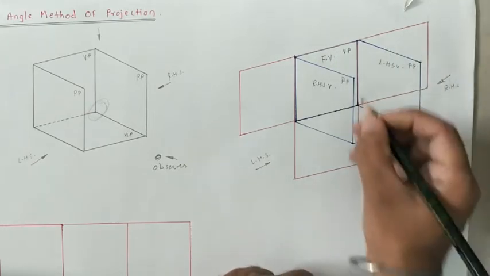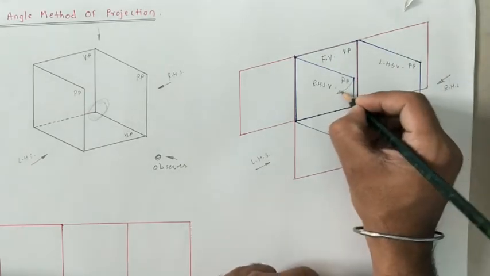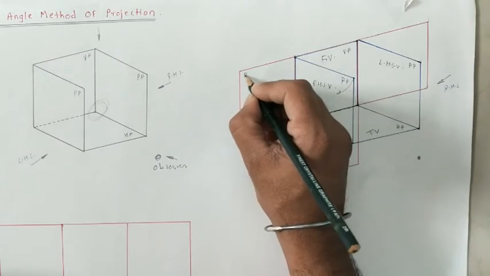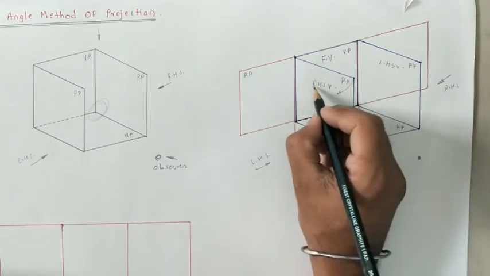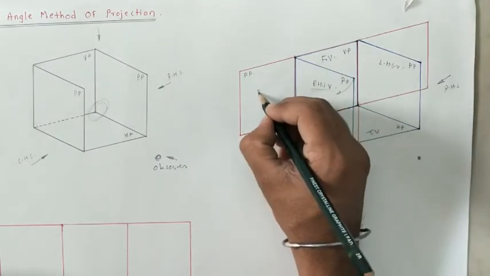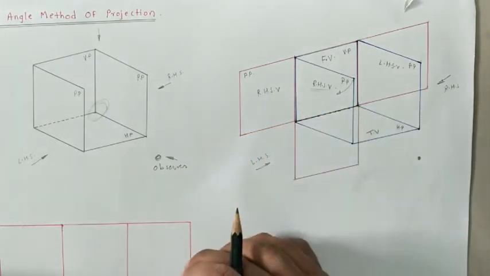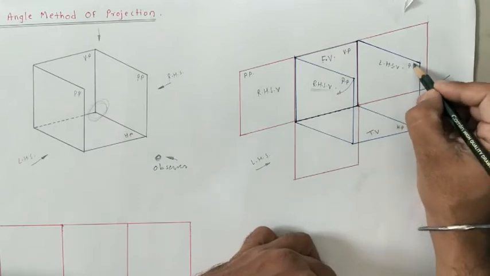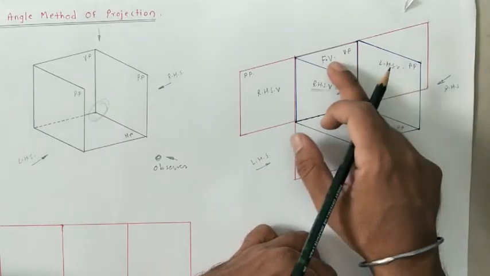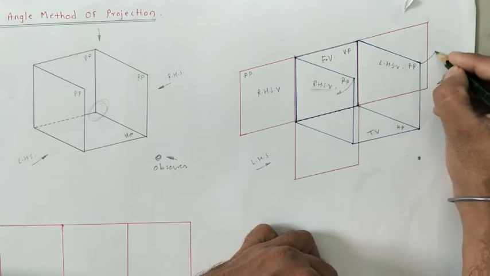So we will rotate this profile plane in this direction. This will be the new position of the profile plane, and hence the right hand side view will shift to this side. This is the new position of the right hand side view. Similarly, this is the profile plane. In order to bring it aligned to the vertical plane, we will turn it to this side.